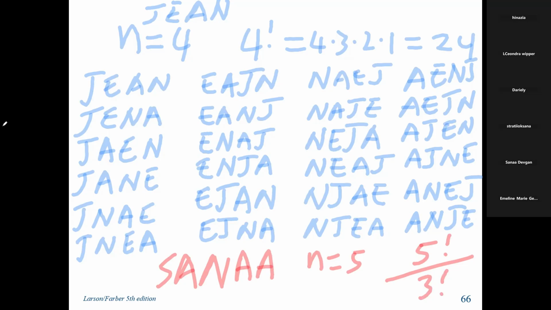We have 5 letters in this, but here I observe I've got A 3 times, so over 3 factorial. So Sana can be arranged 20 different ways: 5 times 4 is 20 different ways. Okay, Sana?